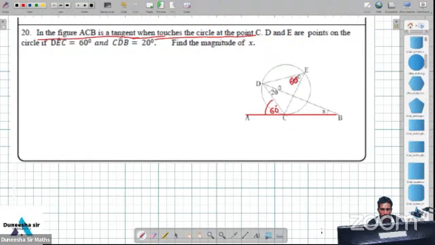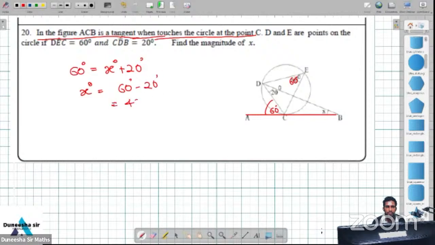Tarul, your answer is correct. Okay. Then 60 is an external angle equal to the sum of the internal opposite angles. Then x equals 60 minus 20, it's 40. Okay. If you finish, raise your hand.